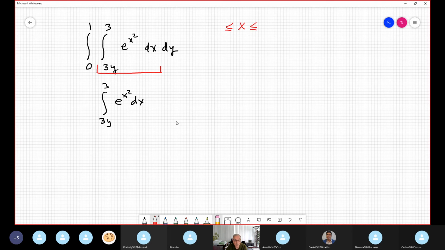There's 3y and 3. This is x, it's the first. This limit is x equals 3, x equals 3y. And y varies from 0 to 1. This is my region. That's it.